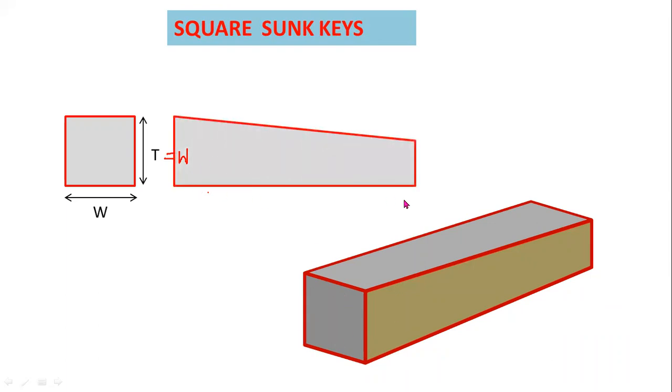Now this is the length of a sunk key. Here for square sunk keys also, the bottom surface is parallel, but the top surface is in taper 1:100. So in square sunk keys, the cross section is square.